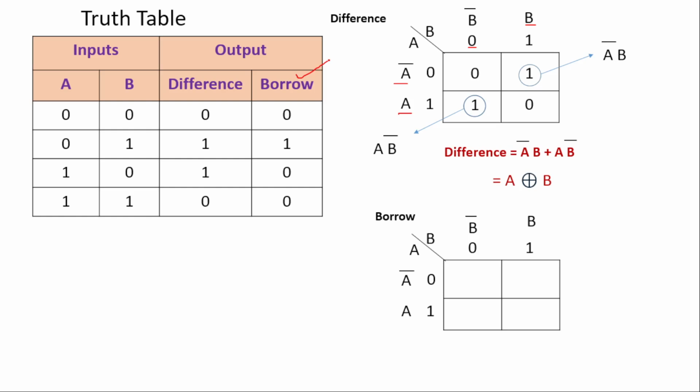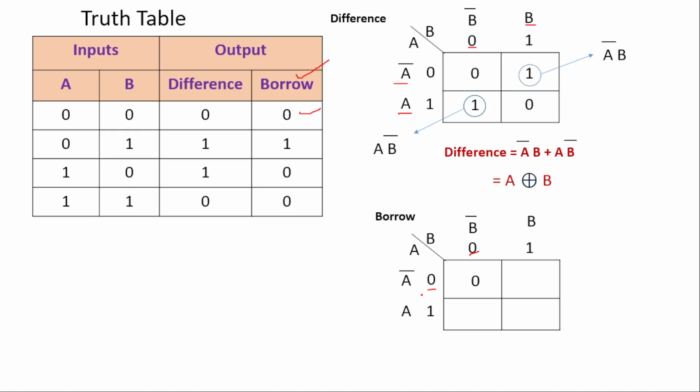The borrow K-map will have the same size because A and B are going to be the same values. The difference is that we will take the values written below the borrow column. When A is 0 and B is 0, borrow is 0.